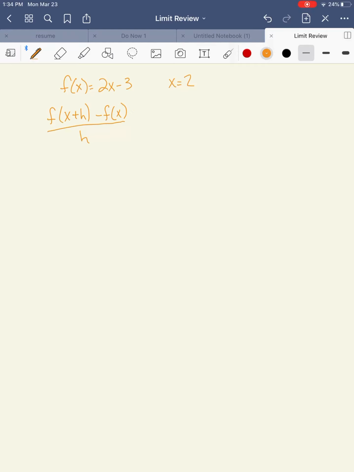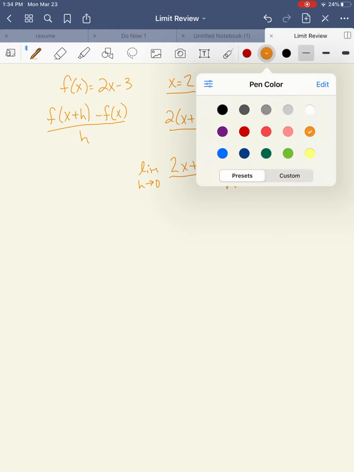So first I have to find that, and then I have to plug in x equals 2. So I have 2 times x plus h minus 3 minus 2x minus 3 over h, which gives you 2x plus 2h minus 3 minus 2x minus 3 all over h. Find the limit as h approaches 0.